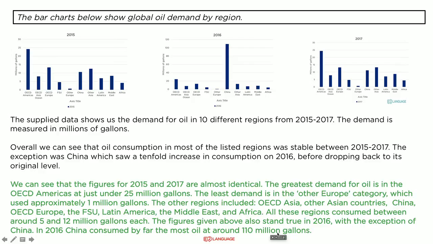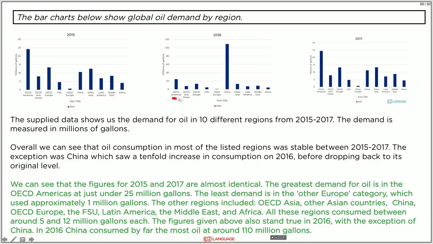Okay, so because we've got a lot of different regions here, instead of looking at individual ones, what I've done is I've collapsed a number of them and just said a number of these, how many? 1, 2, 3, 4, 5, 6, 7, 8. 8 of them used between 5 and 12 million gallons.